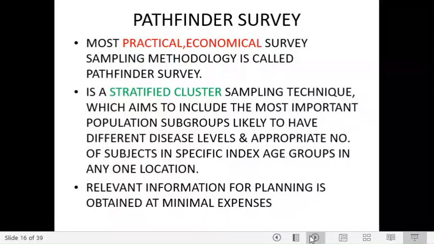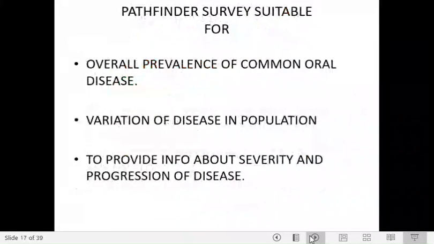Since we are doing it only in a sample of population, we will obtain relevant information at minimal expense and it will be quick and standardized.